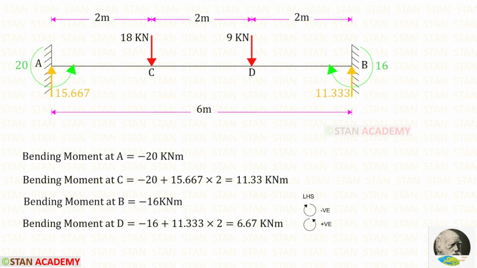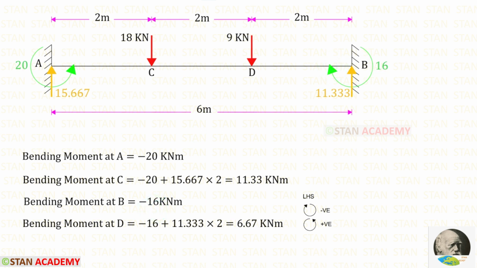To find the bending moments at the points B and D, we can use the left hand side rule. Clockwise will be negative and anti-clockwise will be positive. Let us find the bending moment at the point B. At the point B, we have MB, which is acting in the clockwise direction, so it will be negative.